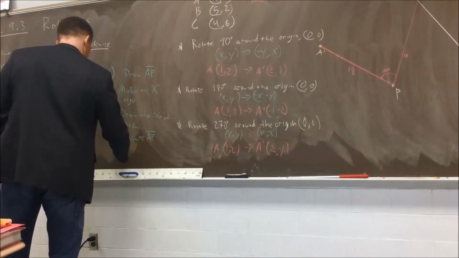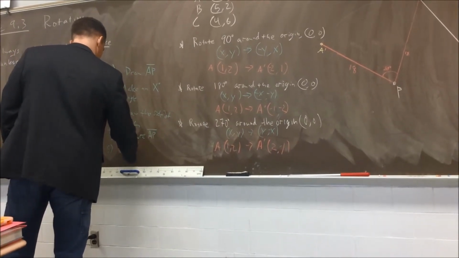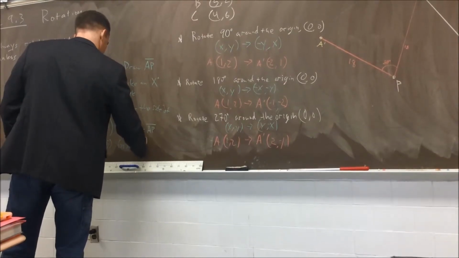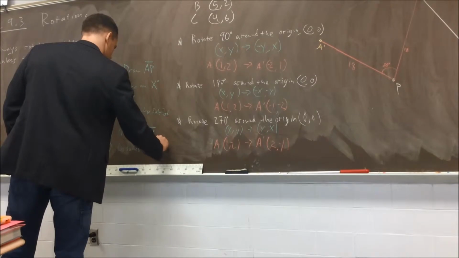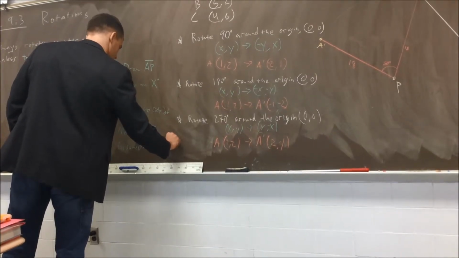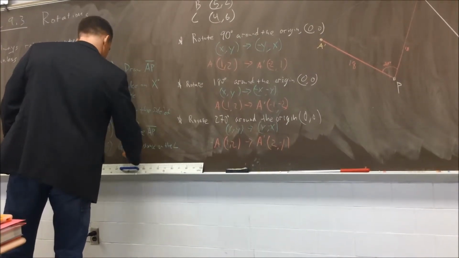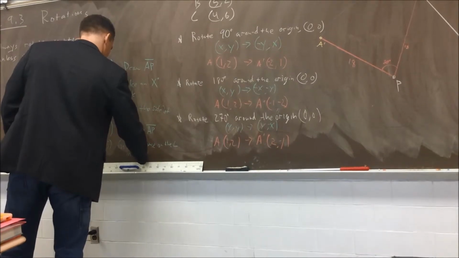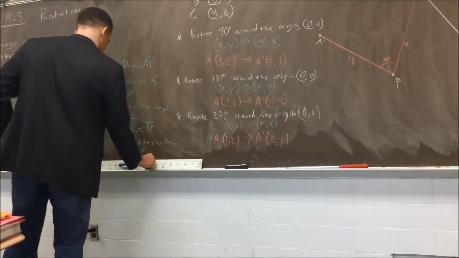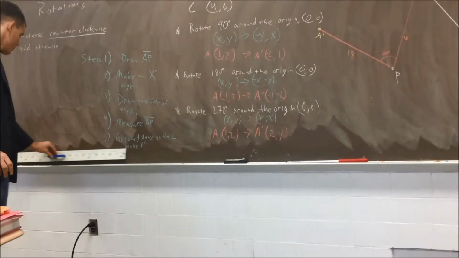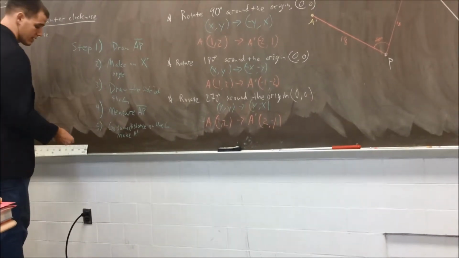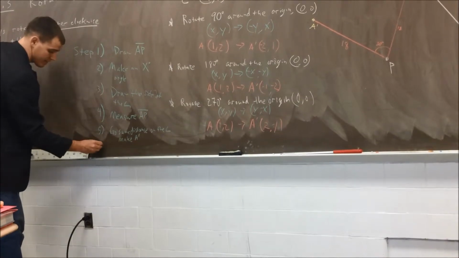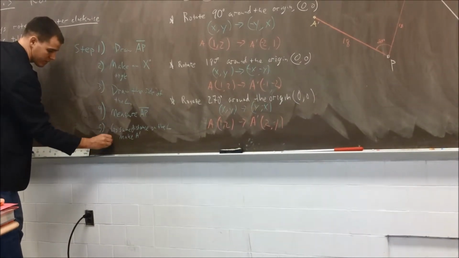Step 5, go the same distance on the angle, and then make A prime. That's how you do the whole thing here. Step 6, of course, would be repeat.